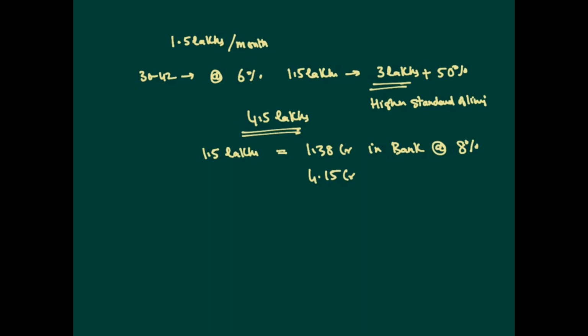So you can even take it like this. The present value would be 8% by 12, 12 into 12 for the next 144 months, and you require 450,000. At the end, value will be 0.